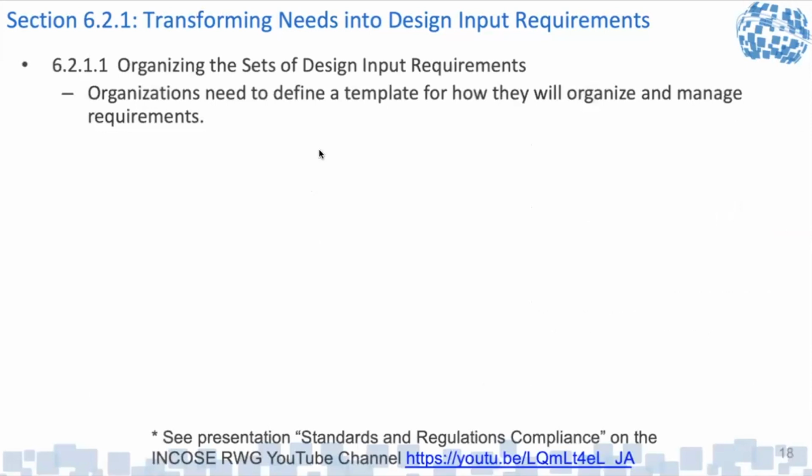Organizations need to define a template for how they're going to organize and manage their requirements. In a document-centric world, there's the historic documents that people use with various names, and they have outlines for those documents. And the needs and requirements manual is focused on a data-centric world. So we don't mention any of the classical document names. We're talking about sets of requirements for an entity that we're talking about.